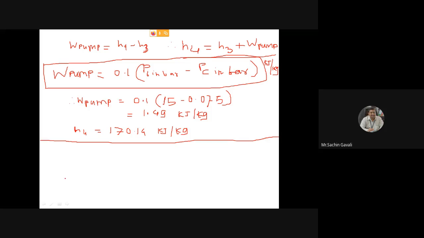No problem. Good. Then now we can find eta Rankine. Put the values in our equation. Eta Rankine is equal to, and the formula.